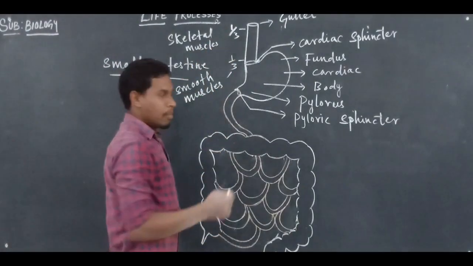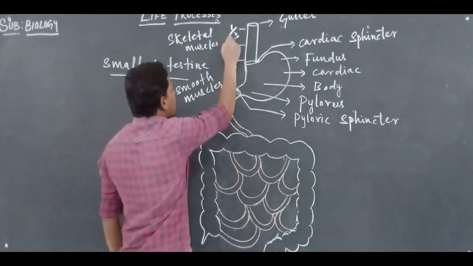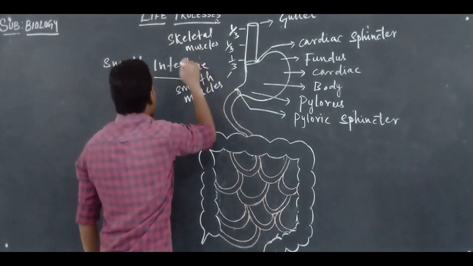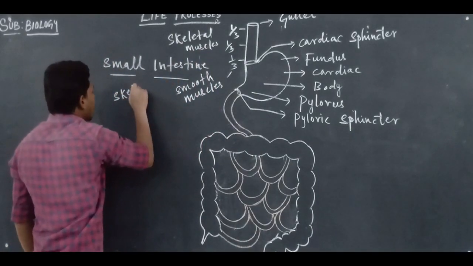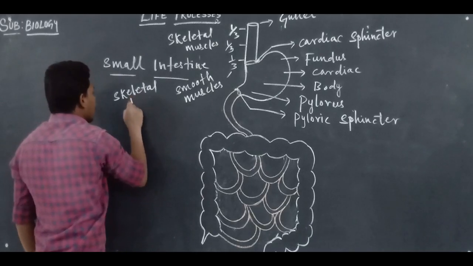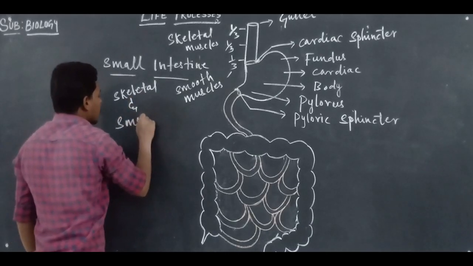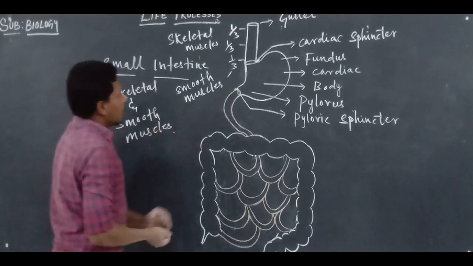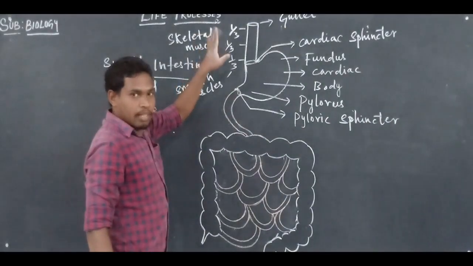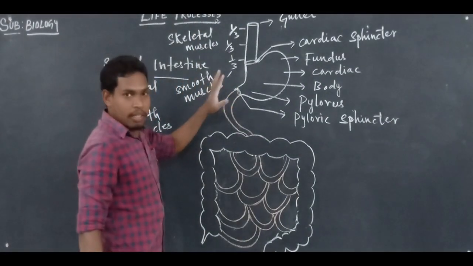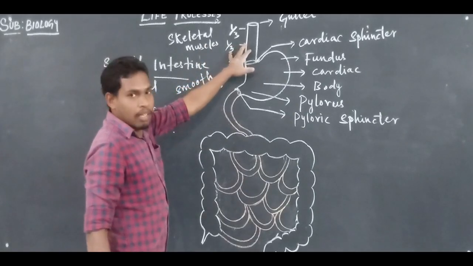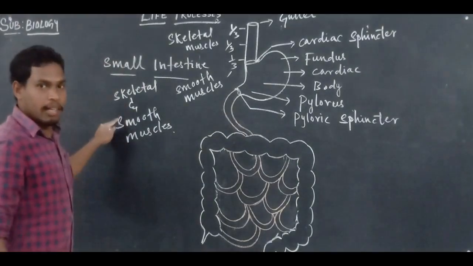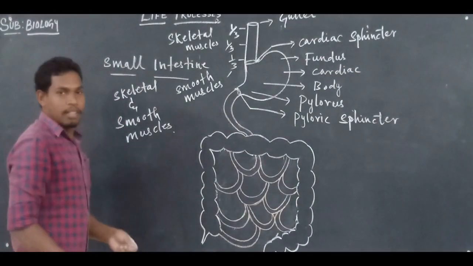The middle one third is made up of both skeletal and smooth muscles.